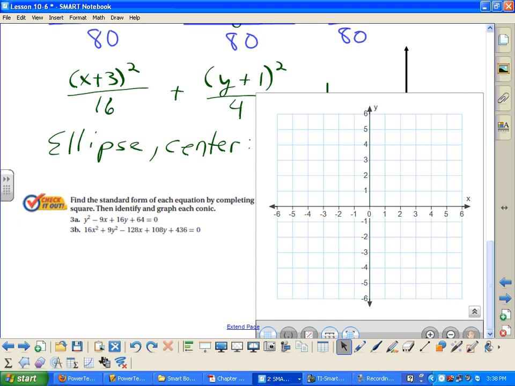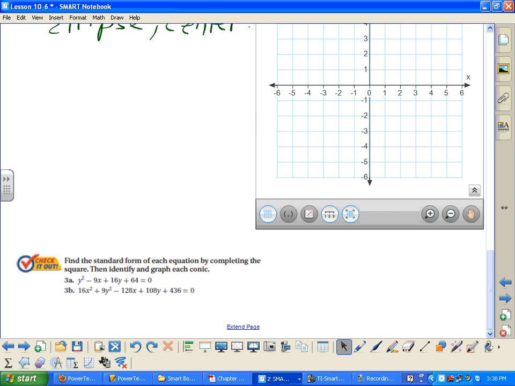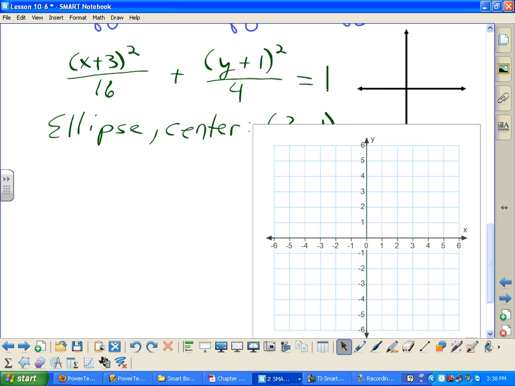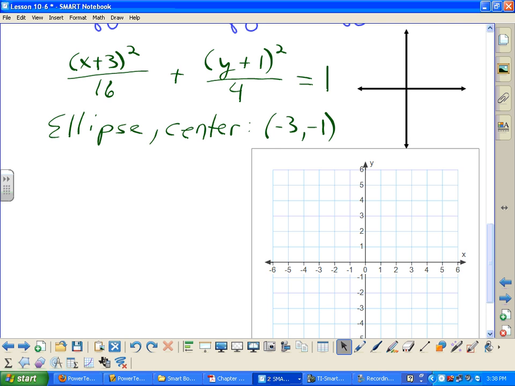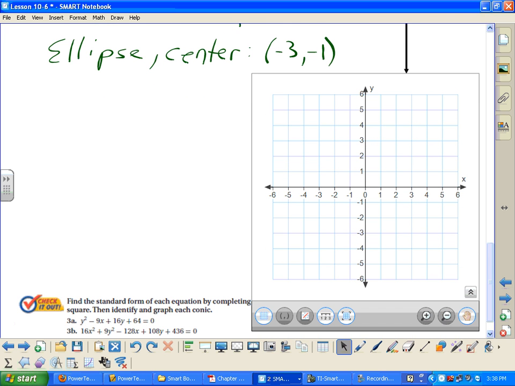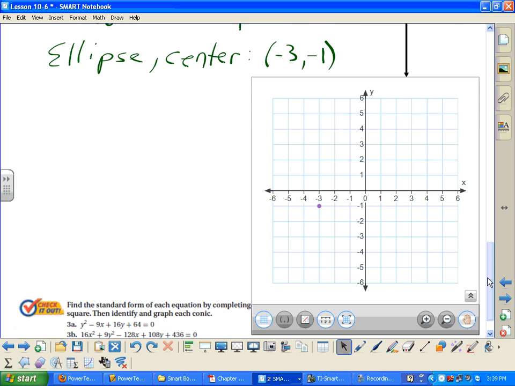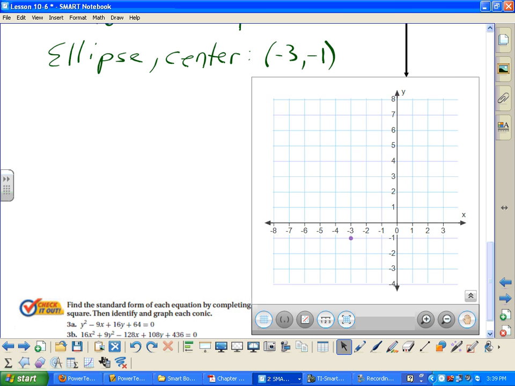There we go. Bring that down a little bit further. Okay, so our ellipse is centered at -3, -1. And we're going to go 4 left and 4 right, so I need to make it a little bit bigger, or actually just move it over this way.